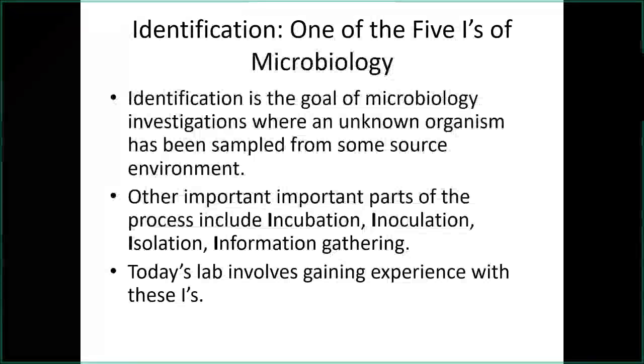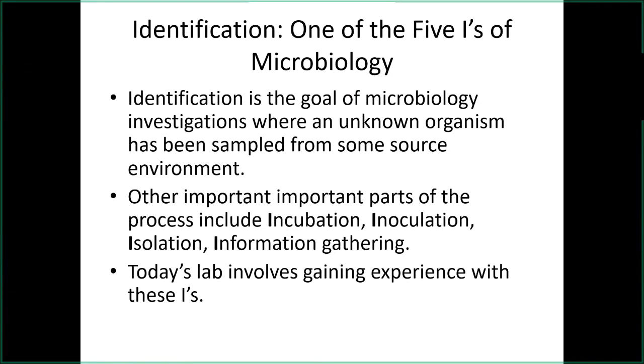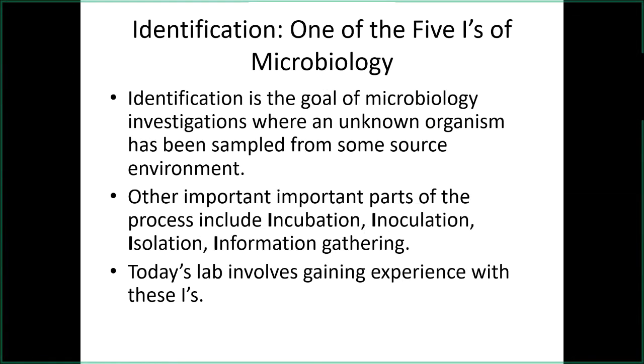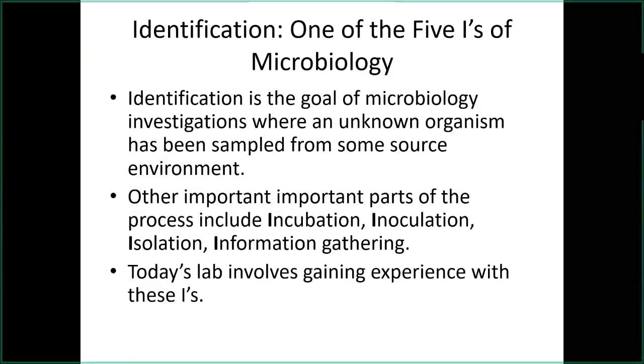If something has shown up in sampling of the environment or sampling of food or water, and we don't know what it is, we had better try to figure out what it is so that we know how to deal with it, to know whether it's a potential pathogen and that sort of thing. So identification is a major goal, and there are multiple ways that we can go about doing that.